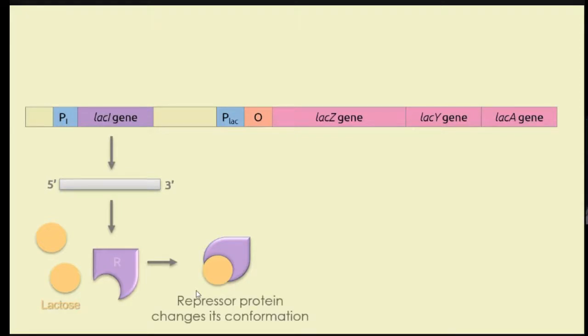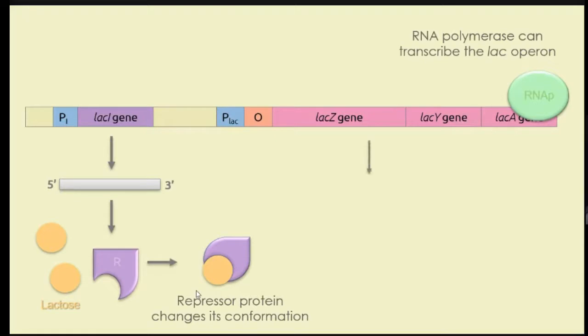When a protein changes its conformation, ang nangyayari, nababago rin yung function niya. Or hindi rin siya nag-function ng maayos. So therefore, yung repressor protein mo ngayon, since nagbago yung conformation niya, hindi na siya makakabind doon sa operator. And now, your RNA polymerase has the ability to transcribe the lac operon.